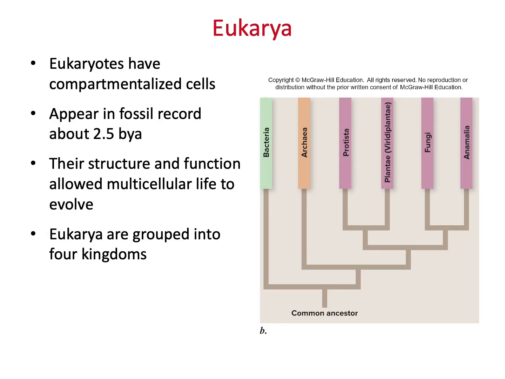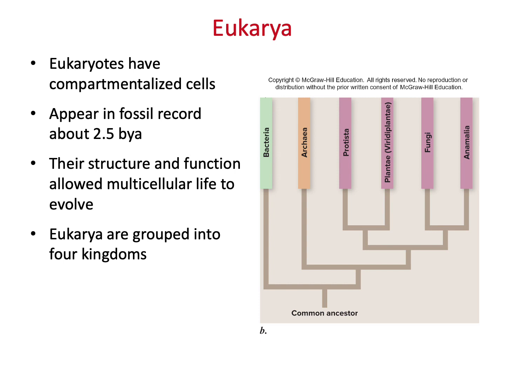The last domain is Eukarya. When you think about eukaryotes, they appeared in fossil records much later compared to prokaryotes. Only about 2.5 billion years ago did they appear in fossil records, and eukaryotic structure and function enable their cells to be larger and multicellular.